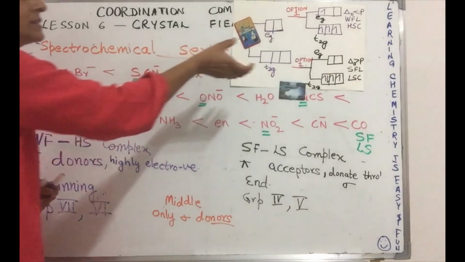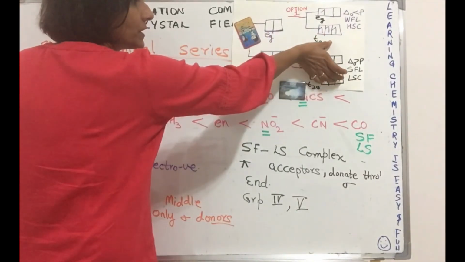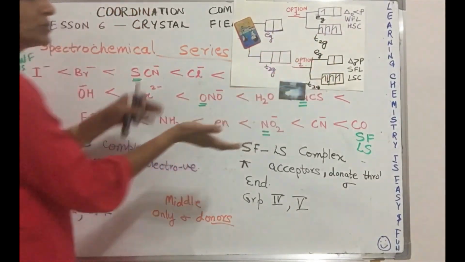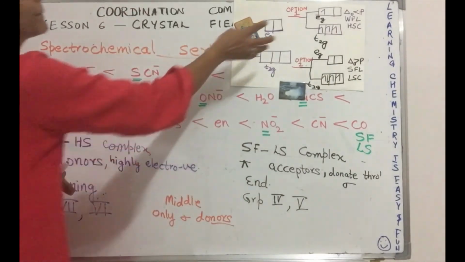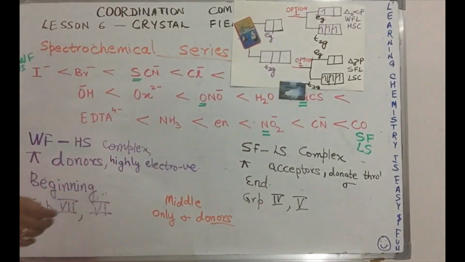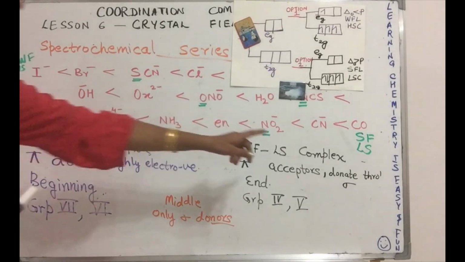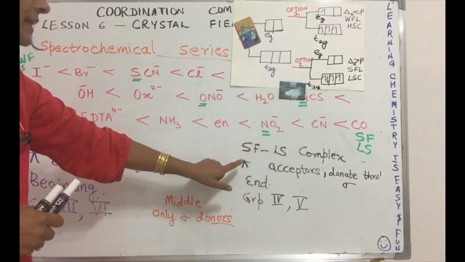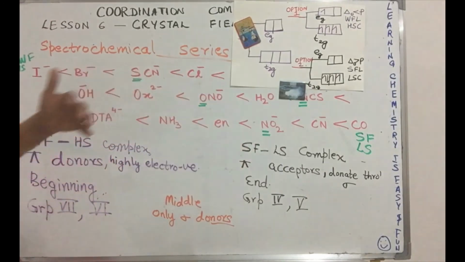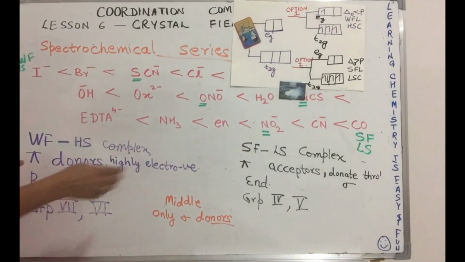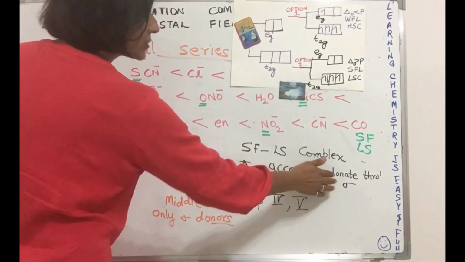Strong field means the energy difference between the Eg and T2G will be large as compared to the weak field case. What type of ligands are strong field or low spin complexes? They are pi acceptors. They'll accept electrons through pi bonds, but they will donate electrons through sigma.